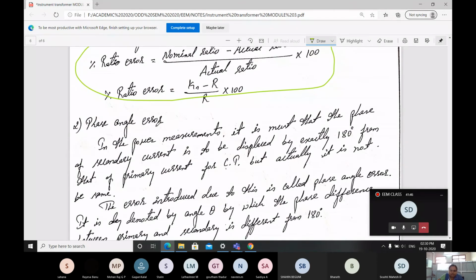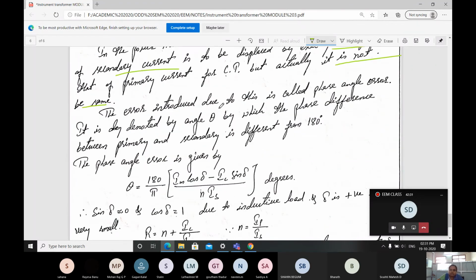Then what is our phase angle error? It should have a 180 degree difference, but is that possible? Due to the magnetizing error and core loss, there is a lag. It should be 180, but it is not possible. In power measurements, it is a must that the phase of the secondary current is displaced by exactly 180 degrees from that of the primary current for the current transformer, but actually it is not the same.